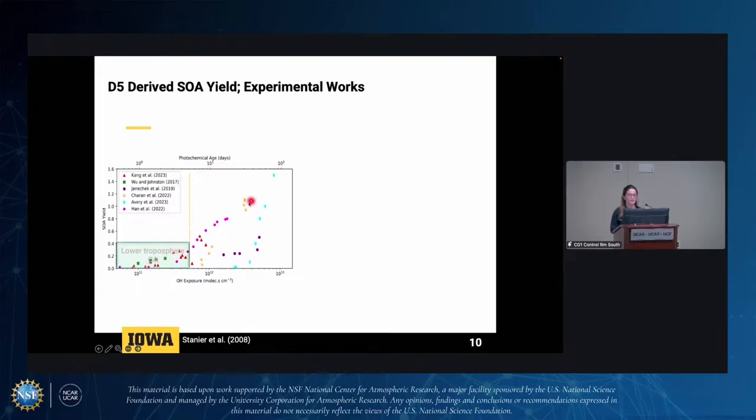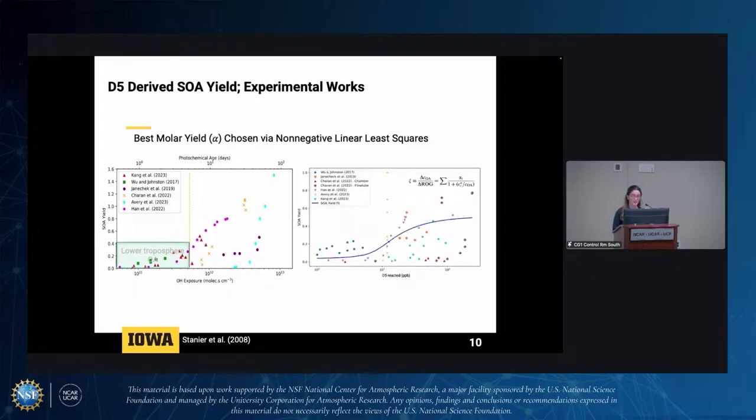All these data are available SOA yields for D5 from different studies. The dashed yellow line represents 5 days, which is about 1 lifetime of D5. And the highlighted area represents the more atmospherically relevant experimental condition.